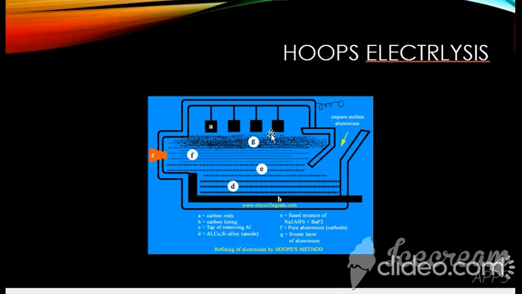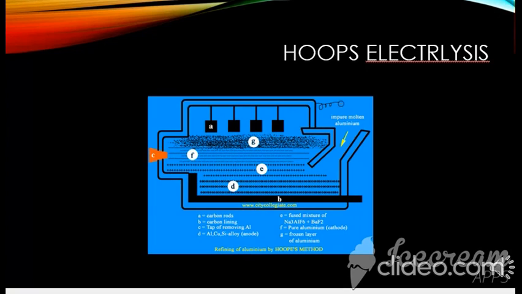Here the graphite rods are attached to the negative terminal of the battery and act as the cathode, and the lining is attached to the positive terminal of the battery and called the anode. The electrolytic cell is the same, but the difference is that these rods act as a cathode and the carbon lining acts as an anode. Again, the alumina mixture from Hall's process with the cryolite is filled here.